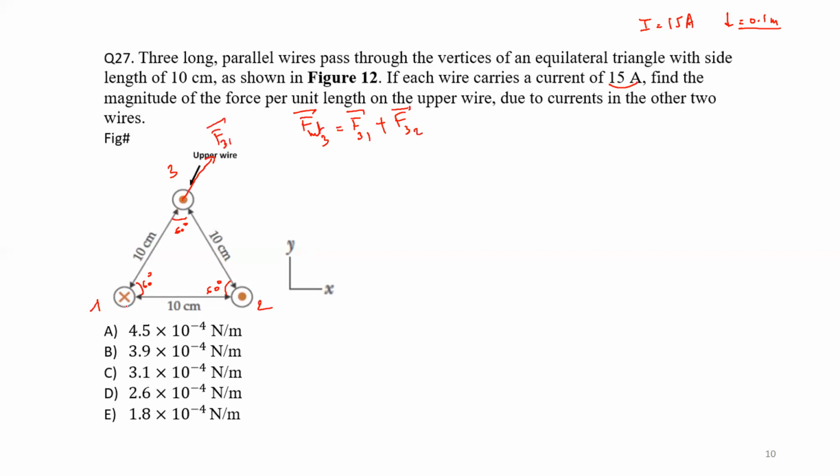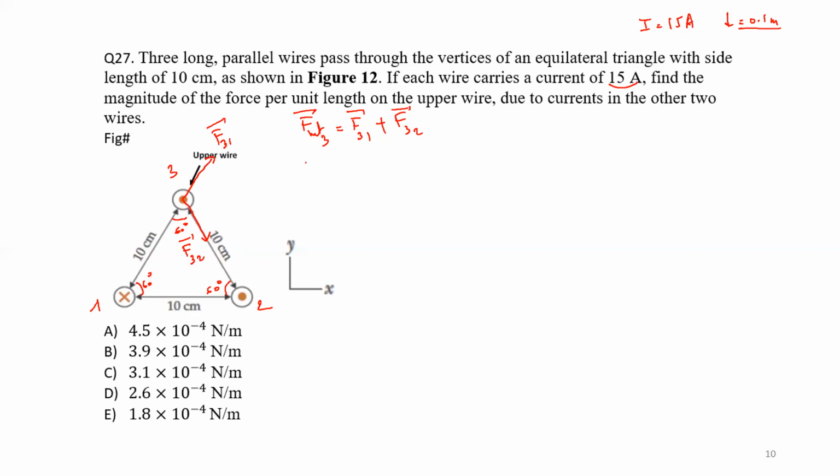Okay. 1 and 3 are repelling each other. Now you see 2 and 3 are attracting each other. So F on 3 by 2 is pointing in this direction. F on 3 by 2. Okay. Great.